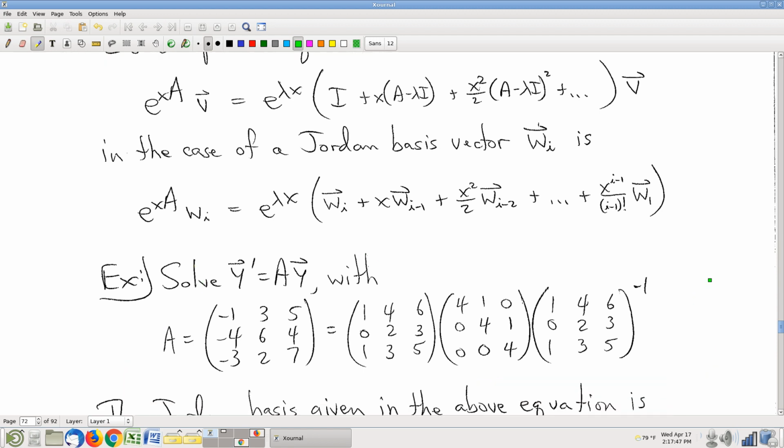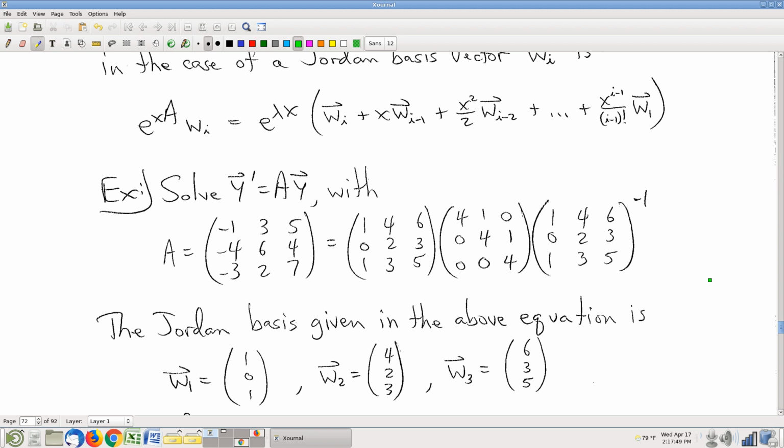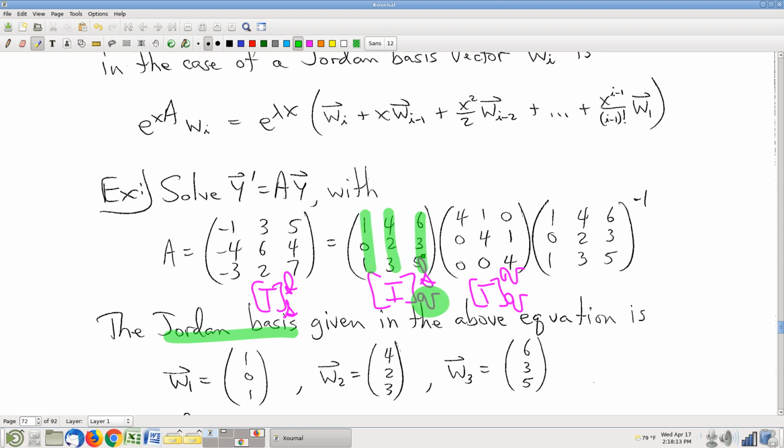So first of all, just a reminder, to be clear, this is T_SS. This is T_VV. Therefore, this has got to be the one that's change of basis from V to S. Therefore, our Jordan basis vectors are the columns of that left matrix.